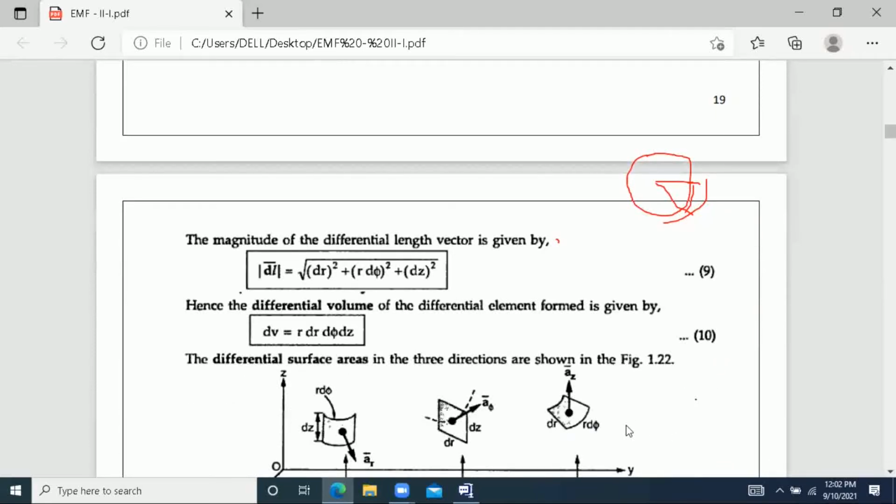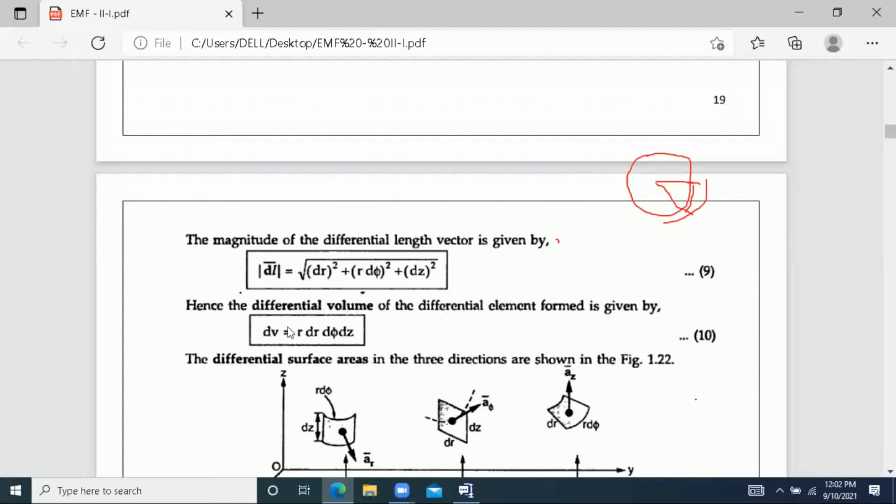Okay. So your differential length, the magnitude from one point to the other, would be the square root of your differential lengths squared, just like in the Cartesian coordinates.